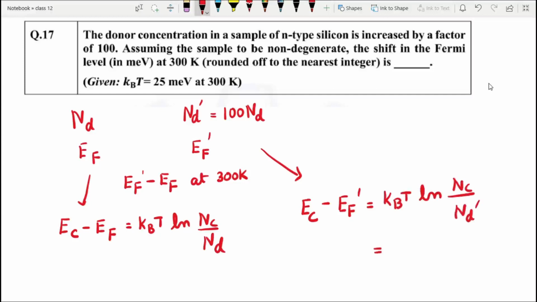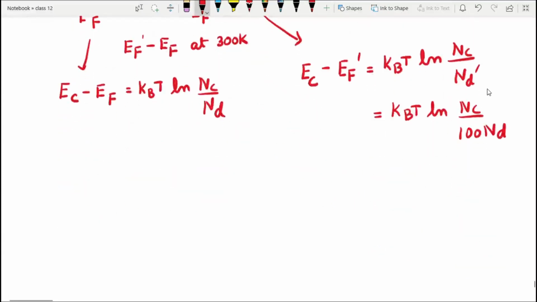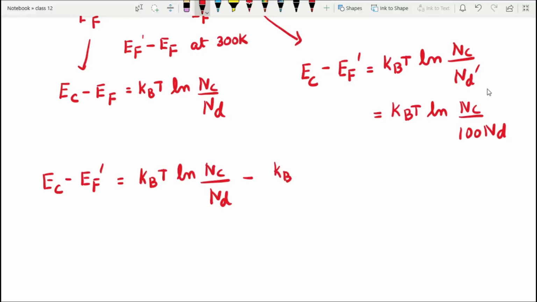We will substitute the value of ND prime, we will get KBT ln of NC divided by 100 times ND. Then EC minus EF prime is equal to KBT ln of NC divided by ND minus KBT ln of 100.